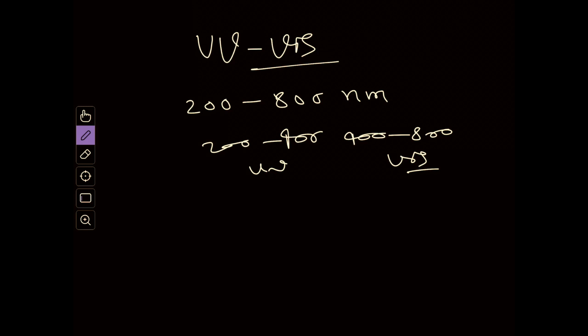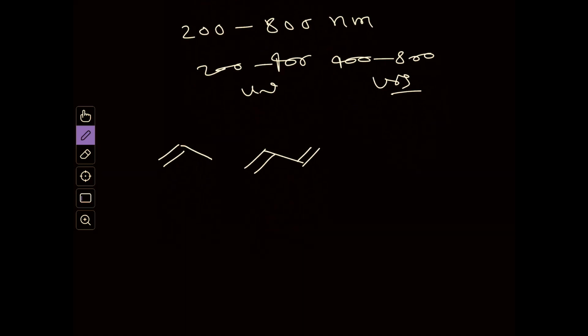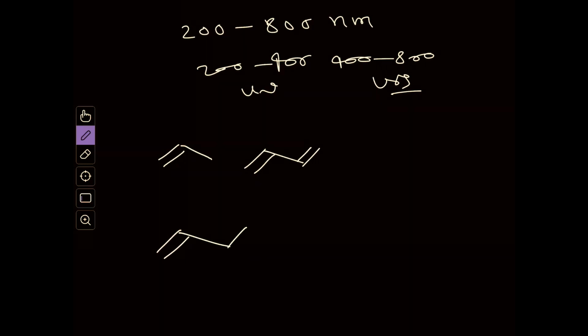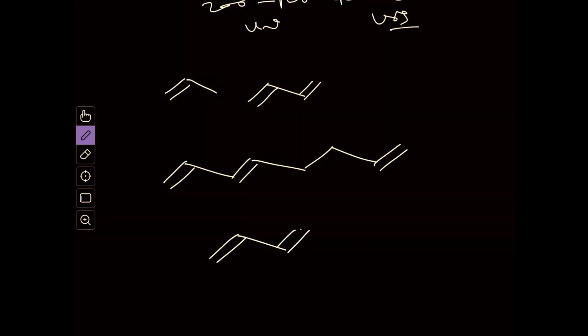The main information we get from UV spectroscopy is the degree of conjugation in a molecule. So you can easily separate two molecules if one has only a single double bond and the other has conjugated double bonds, or let's say you have a molecule which has several double bonds but they are not conjugated, and another molecule where all the double bonds are conjugated.